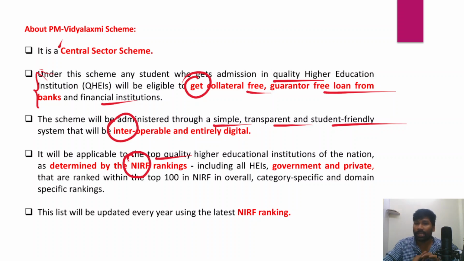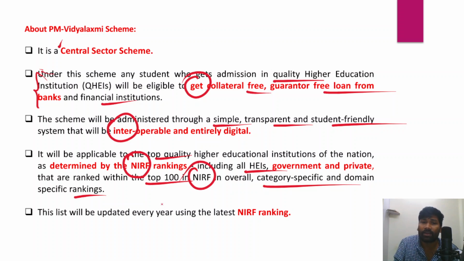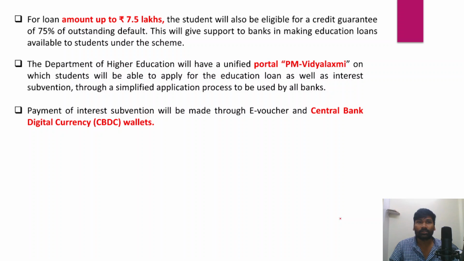It will be applicable for all higher educational institutions, government and private, that are ranked within the top 100 in the National Institutional Ranking Framework in overall, category-specific and domain-specific rankings. And this list will be updated every year using the National Institutional Ranking Framework.